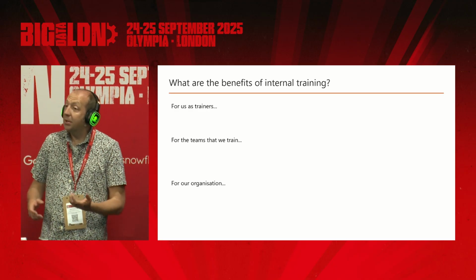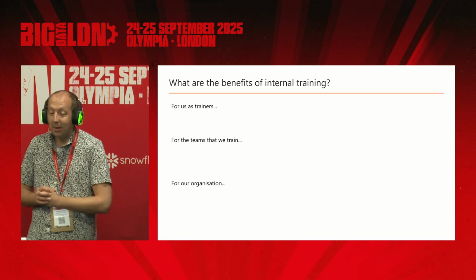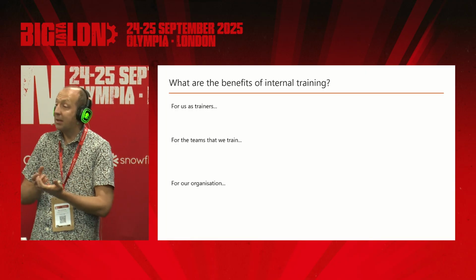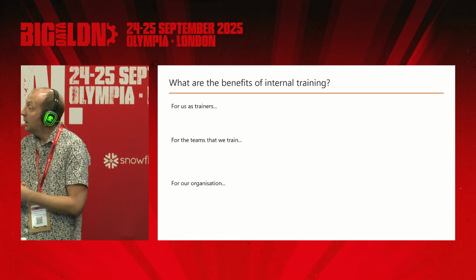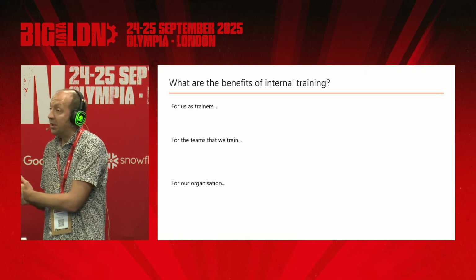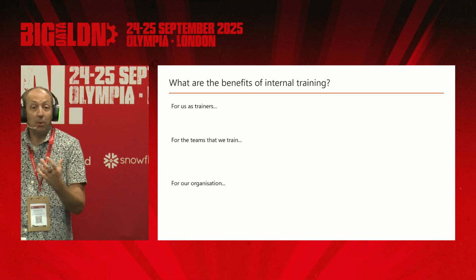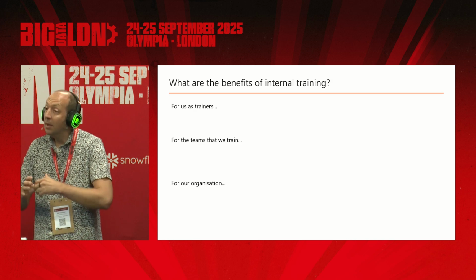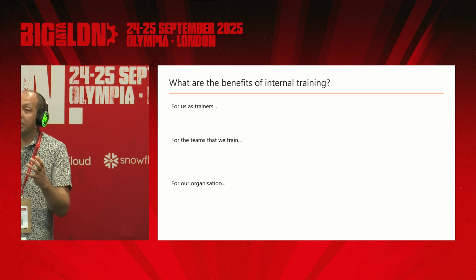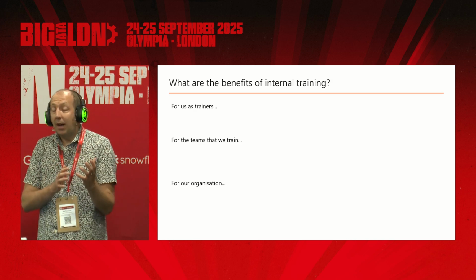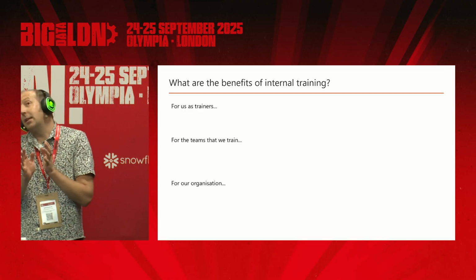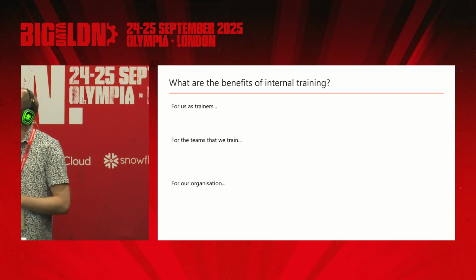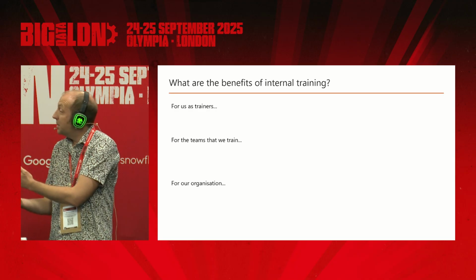For our organisation, as we said, it's much cheaper. It's also great for us because we then get to network, we get to know far more people, and if we can be in that organisation for a long period of time, that will then bring lots of benefits in terms of collaboration. Taking a step back, when we look at the advances in AI, anything that we do technically that can be repeated, can be automated, could be at risk of AI.